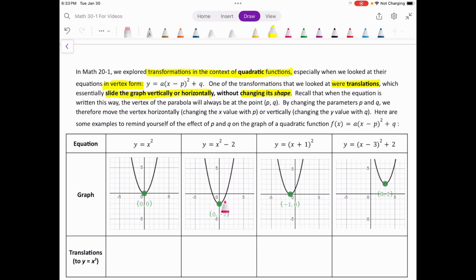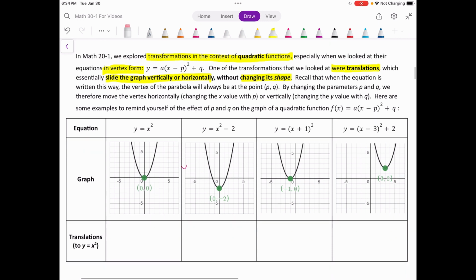These are all mins, but of course if a parabola opened downwards, we would see its max at its vertex, okay? So when we write it in that form, just by looking at the equation, we can pick out the coordinates of the vertex. They're going to be at (p, q). So whatever we see here and whatever we see here, that will be the coordinates of the vertex.